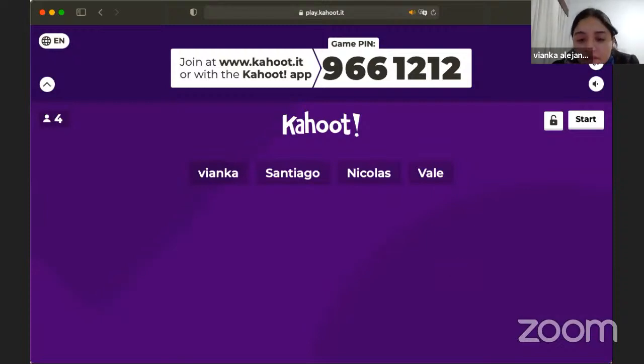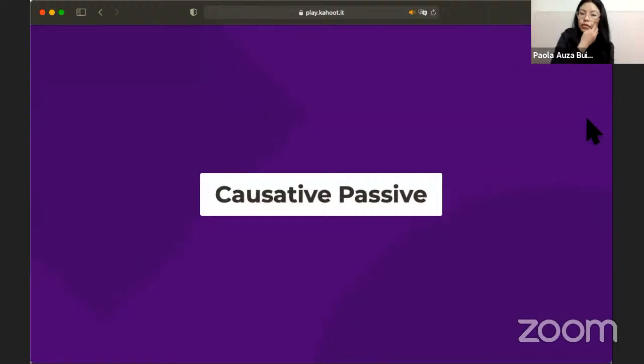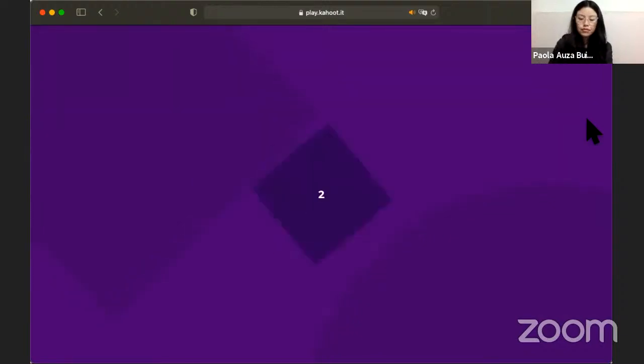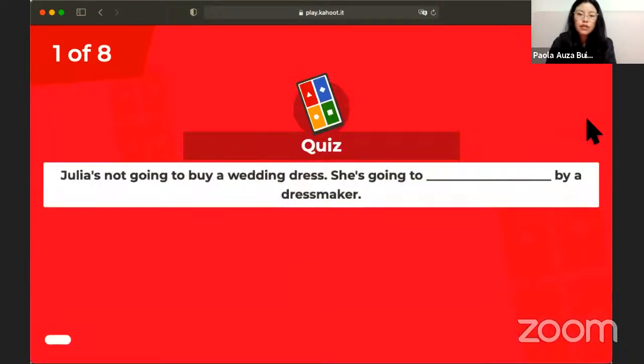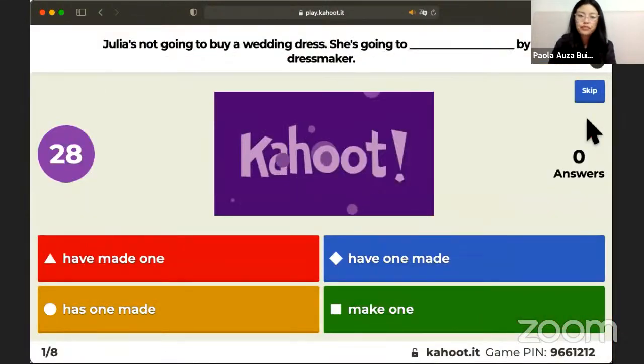Okay, guys, let's start. First one. Julia's not going to buy a wedding dress. She's going to have made one, have one made, make one by a dressmaker.